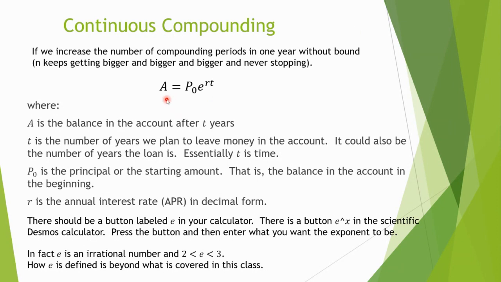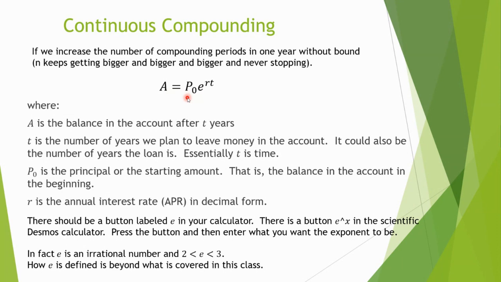Let me say that again. If the number of compounding periods, meaning the number of times it's compounded in a year, increases without bound and never stops, so that it's compounding all the time, then the amount in that account would be given by this wonderful formula.